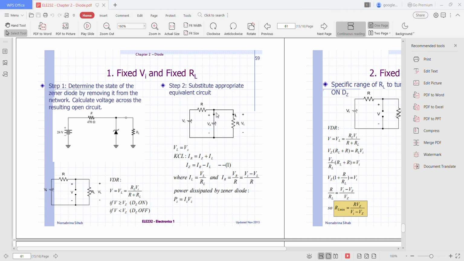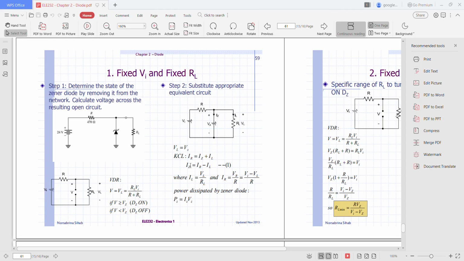Okay, so here the theorem uses KCL, Kirchhoff's current law, that is, current entering the node equals current leaving the node.